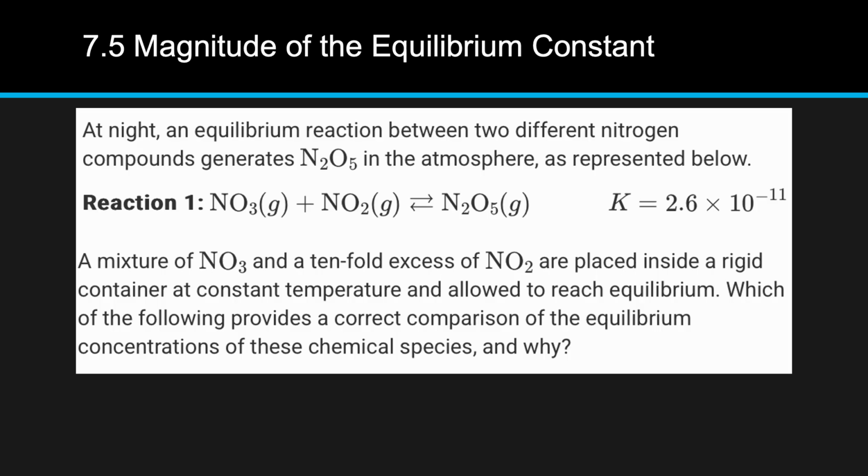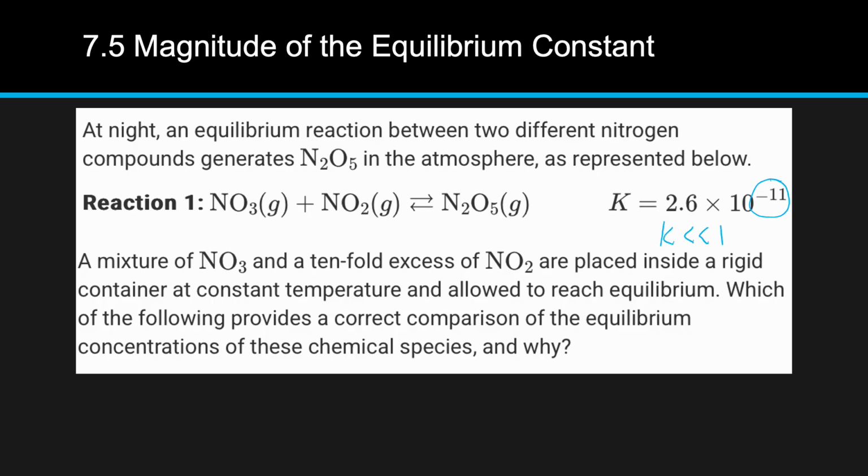So we can see in this example, we're given an equilibrium reaction where NO3 reacts with NO2 to form our product, which is N2O5. And we're also given our equilibrium constant. And we can see we have times 10 to the negative 11th, which means we have an extremely small K value, or something we would call K less than 1.